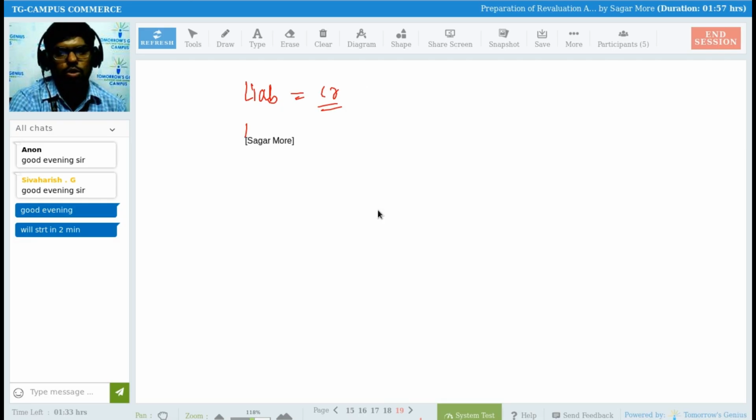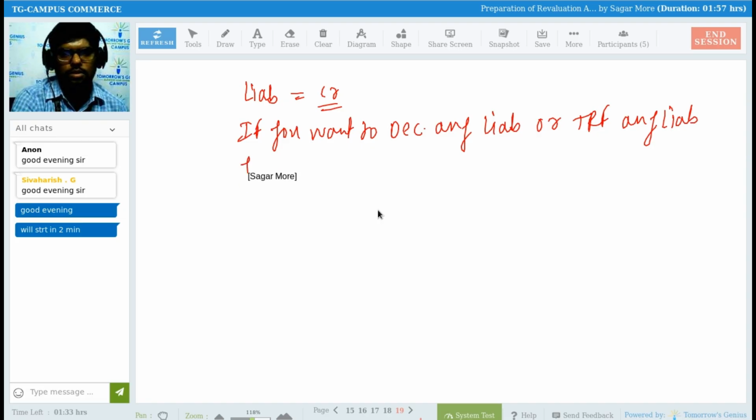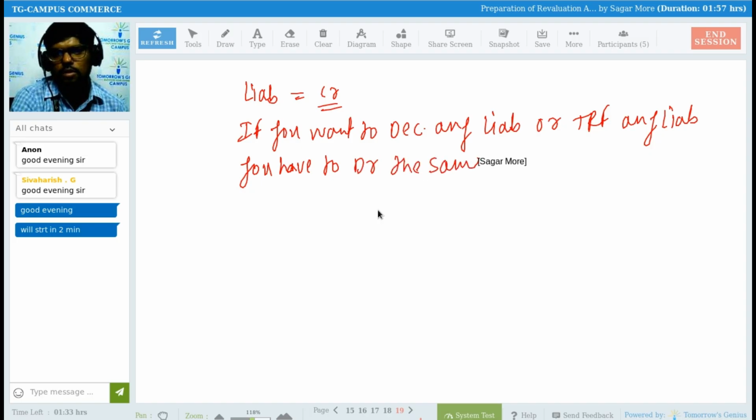So if you want to decrease any liability or transfer any liability, what do you have to do? You have to debit the same, right?